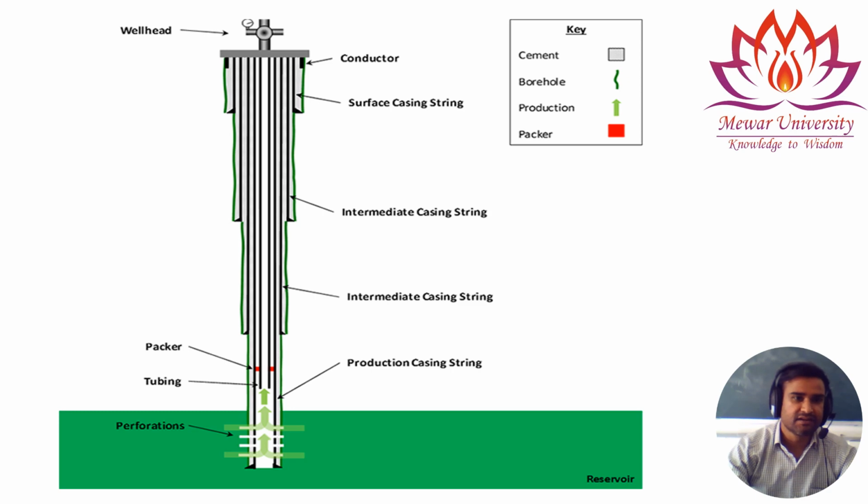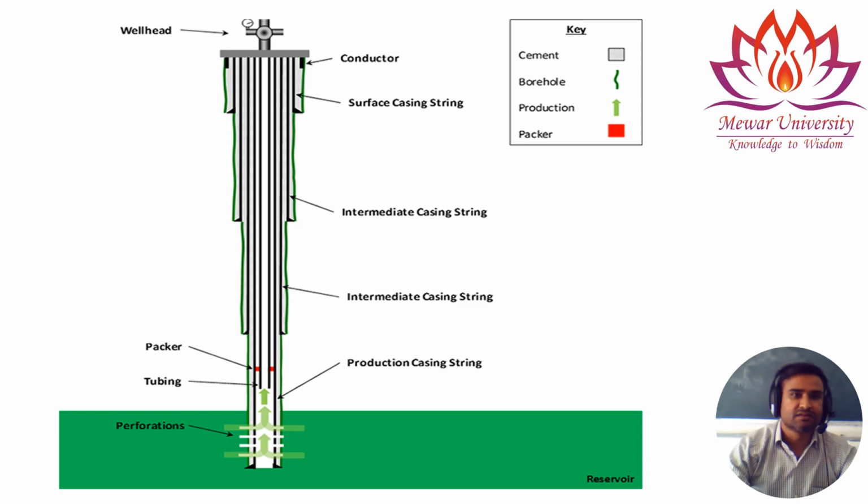Then finally the very small diameter pipe is called the tubing, and this red color you can see is a packer. The packer is basically isolating the annulus and borehole so that the fluid does not enter into this annulus.